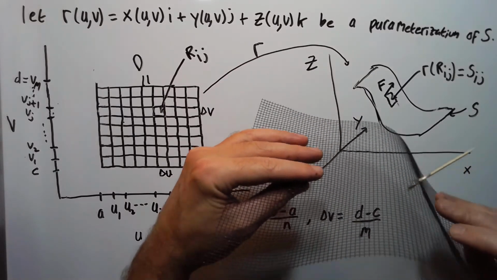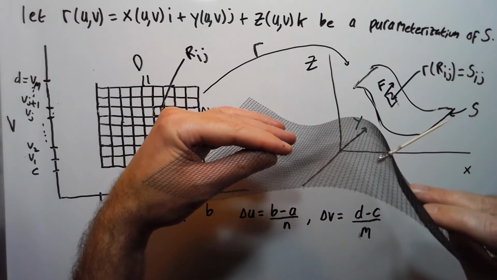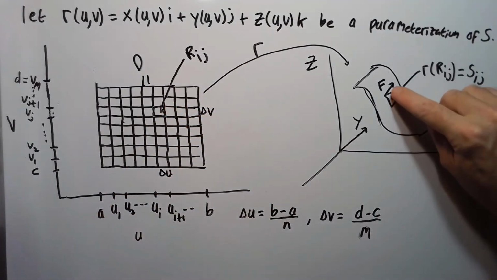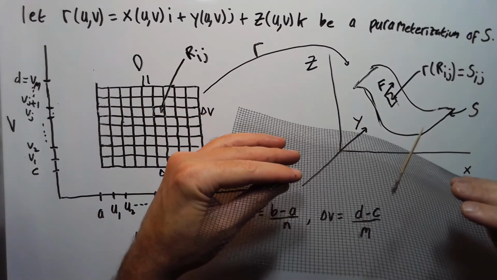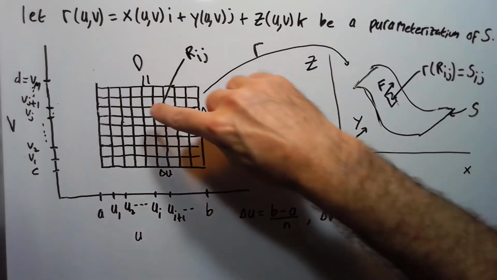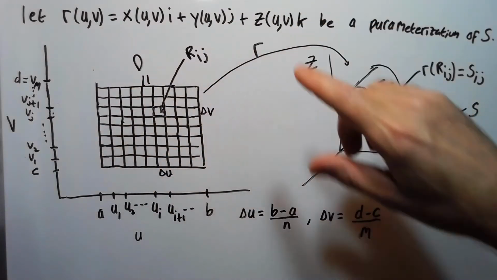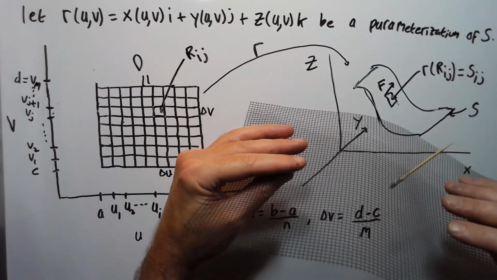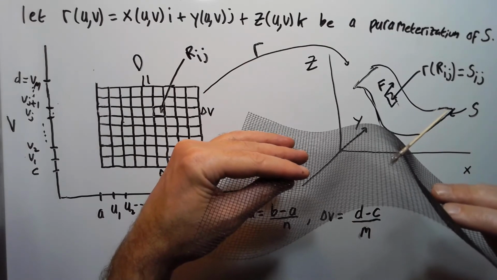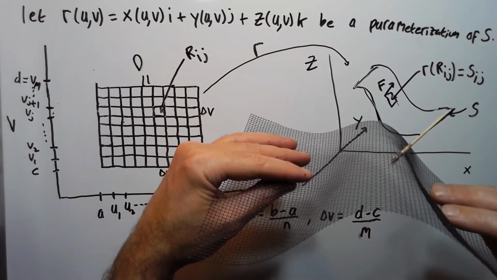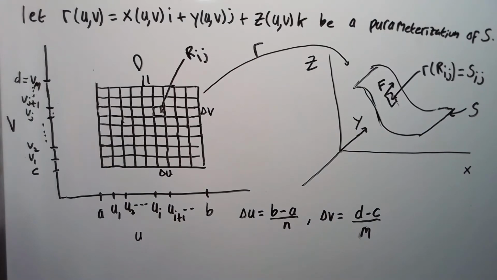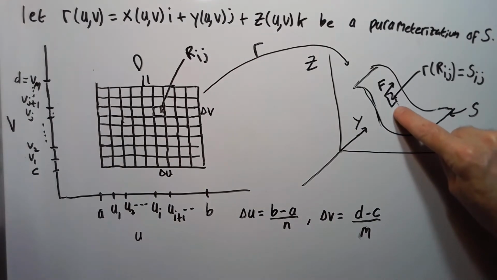With the mesh we have this. The toothpick is representing the F right here. The grid system here, when you map it onto R, will make a grid system on the surface. Now let's take a look at an exploded view of this. Okay, let's do that.